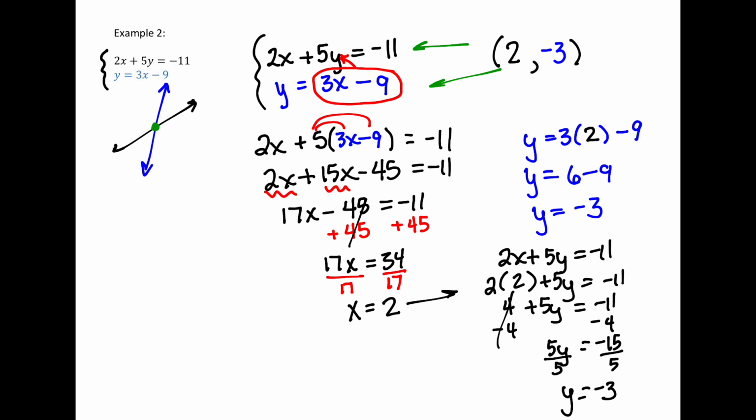It's where they cross. If it's only true for the black one but not for the blue one, then it's a point on one line and not on the other. If it's true in the blue one but not on the black one, it's not where they cross either because it's only on one line. It has to be true in both.